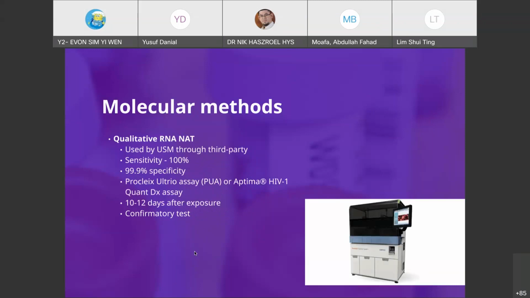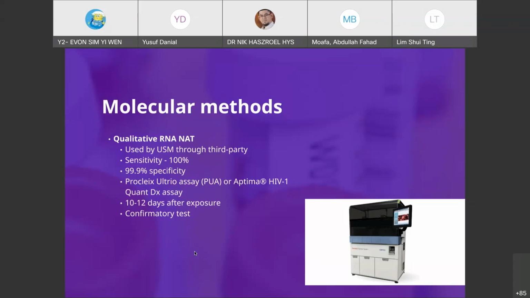Okay. So now we have the greatest test, I would say. It's like the final test. It's the most expensive, or not the most expensive, but it's really expensive. And it's the test that really determines whether you have any HIV DNA or you don't. So sensitivity is 100%. It is used by USM. So if USM suspects you have HIV, they'll take a blood or serum sample and send it to KL, because we don't have this equipment actually in USM.